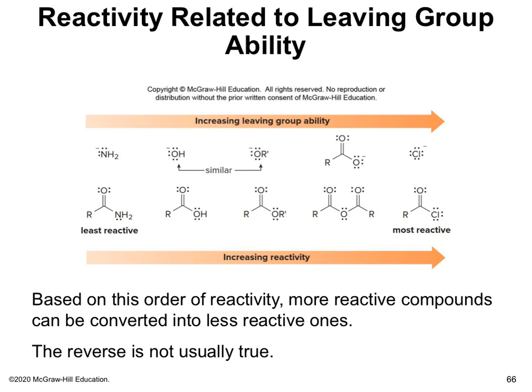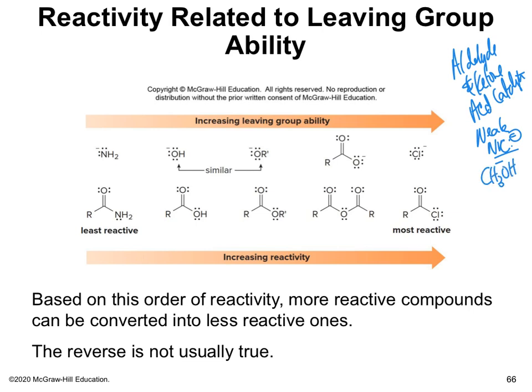Now, this is important. When we did aldehydes and ketones, when did you need acid catalyst? Well, you needed the acid catalyst when you had a weak nucleophile, right? So we saw that with water, we saw that with alcohols and amines.